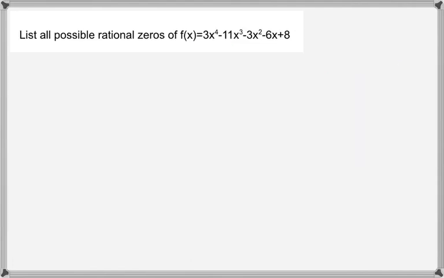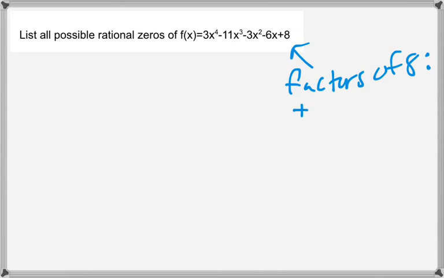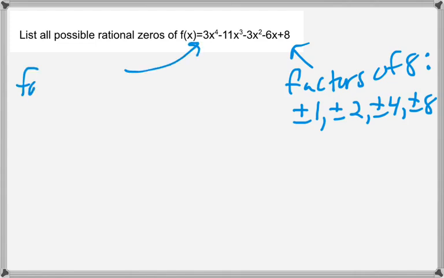All right, one more. Here we have a constant term of 8. So we'll list our factors of 8. Plus or minus 1, plus or minus 2, plus or minus 4, plus or minus 8. And our factors of 3 would be plus or minus 1 and plus or minus 3.